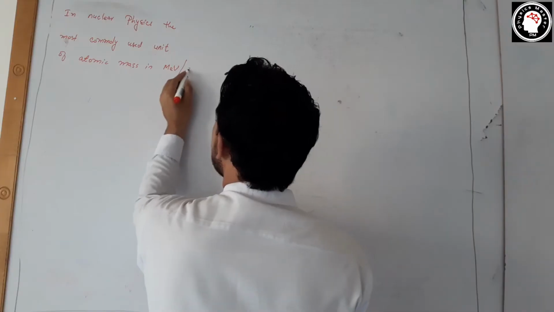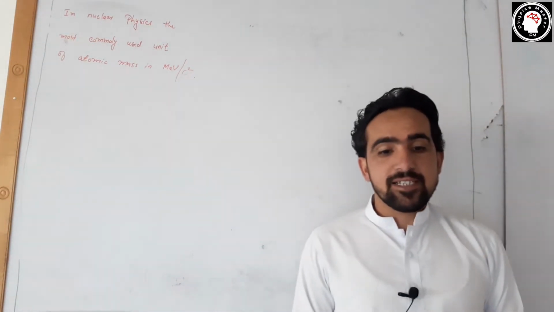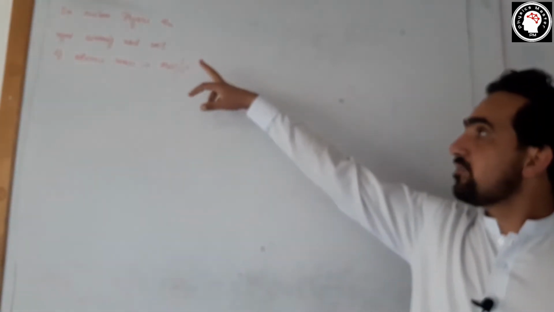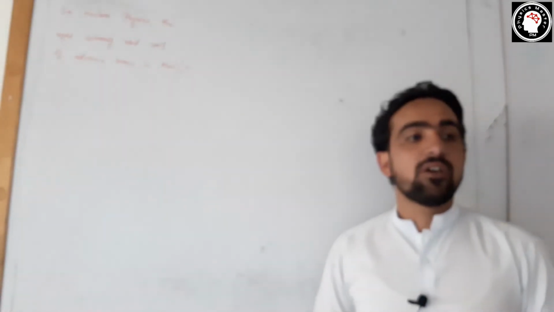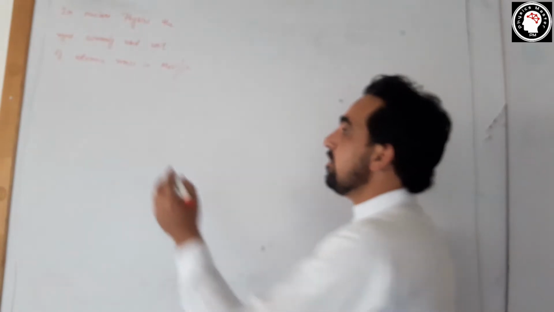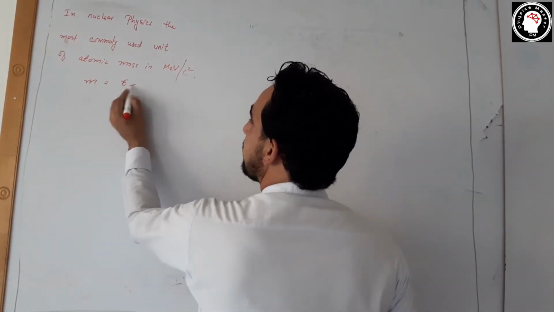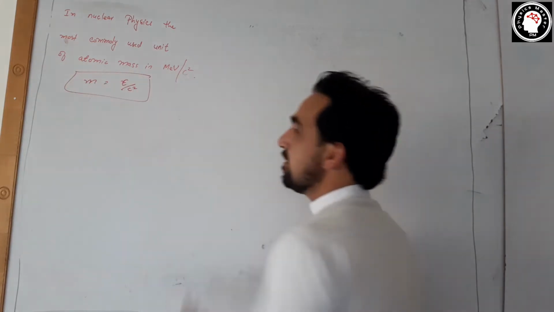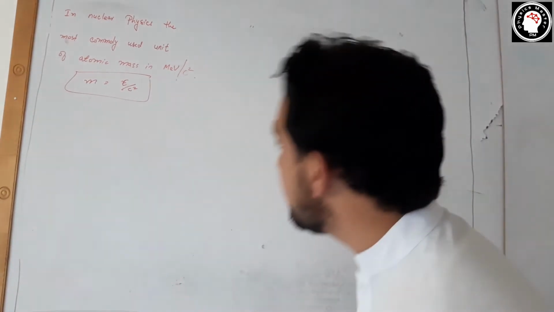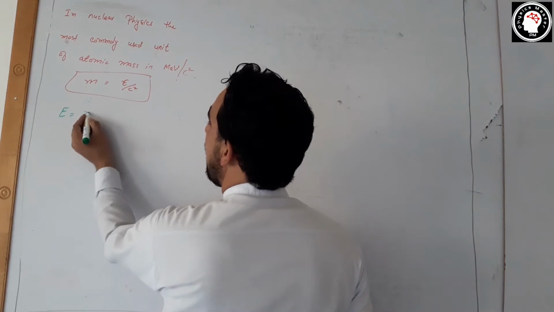So in nuclear physics, the most commonly used unit for mass is mega electron volt per c square. Again, this comes from the equation m is equal to E divided by c square, that is the famous Einstein's equation. The advantage of using this unit is, as we know, E is equal to mc square.